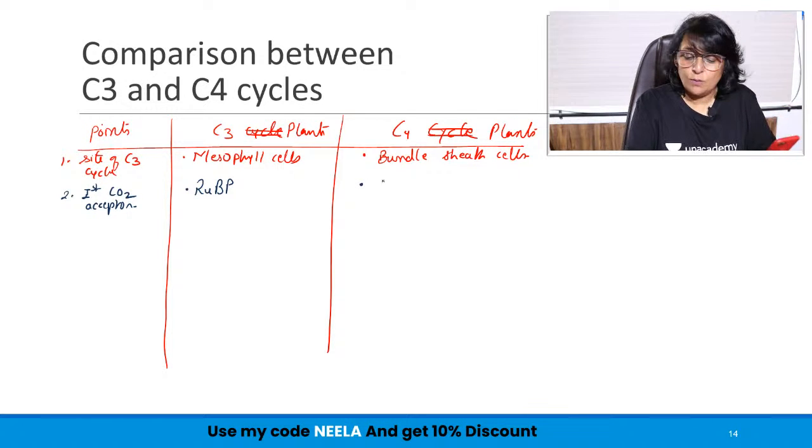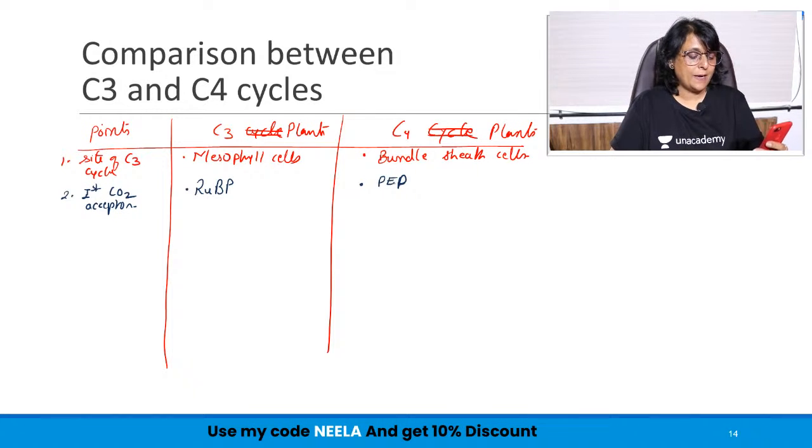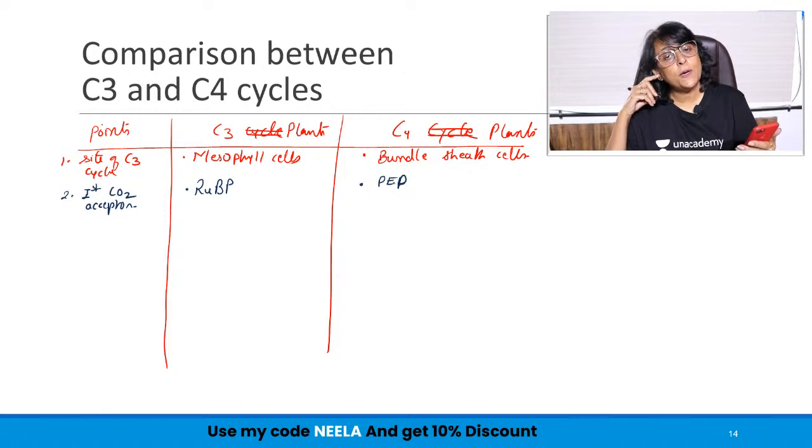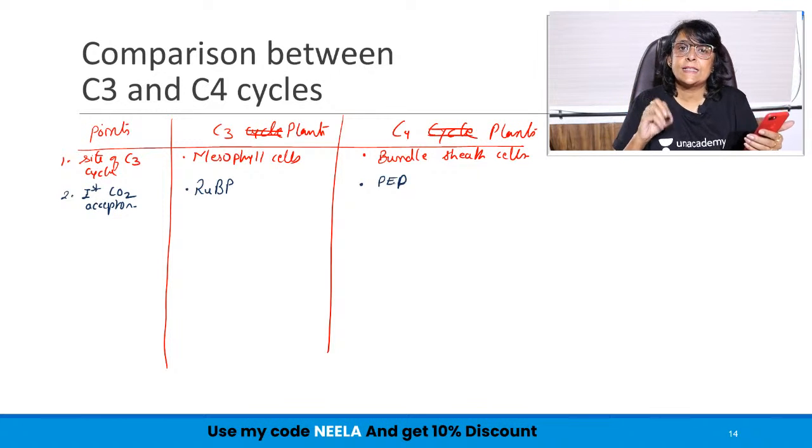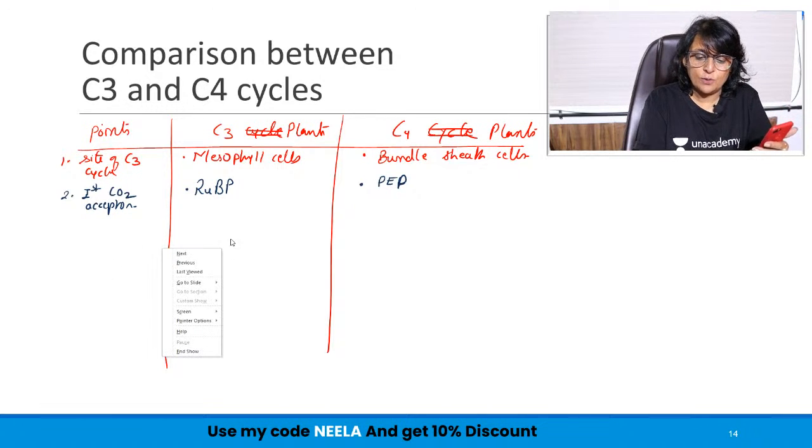Okay, Rahul has given the answer, that is PEP, phosphoenol pyruvate. If you remember, phosphoenol pyruvate is a 3-carbon compound. It accepts carbon dioxide and then a 4-carbon compound is formed. So now let us come to our third point.